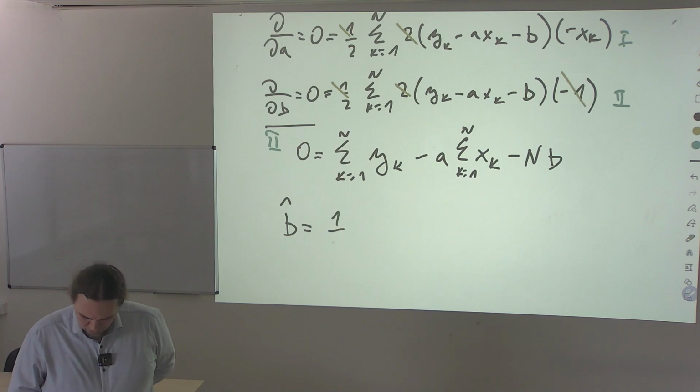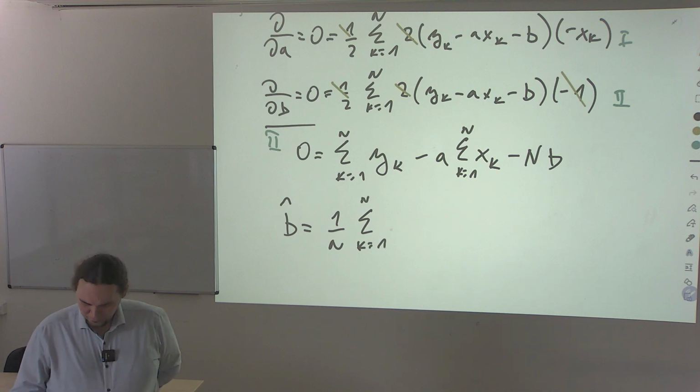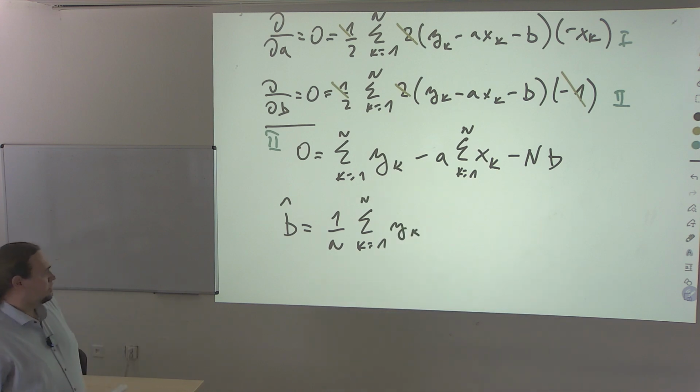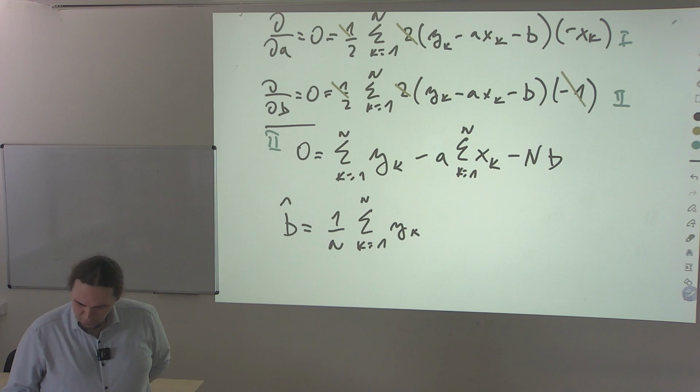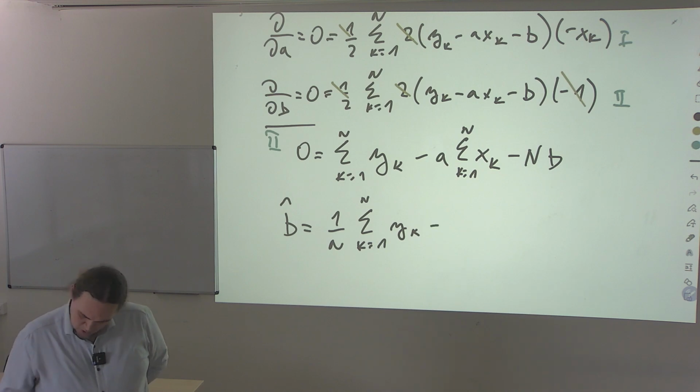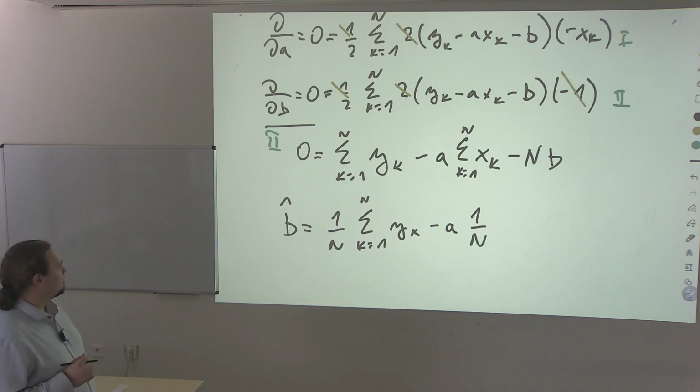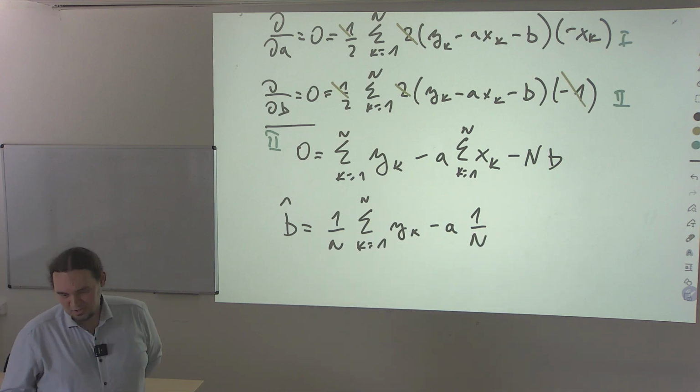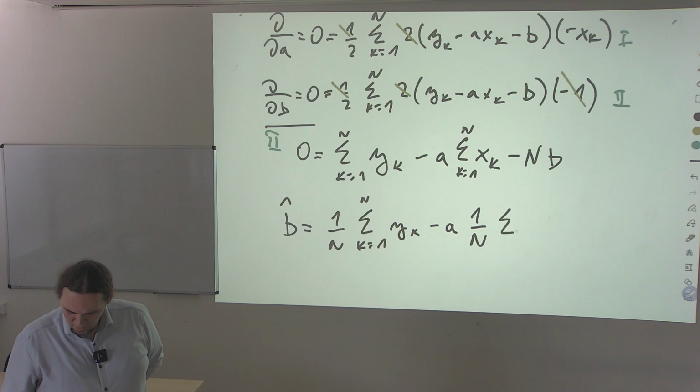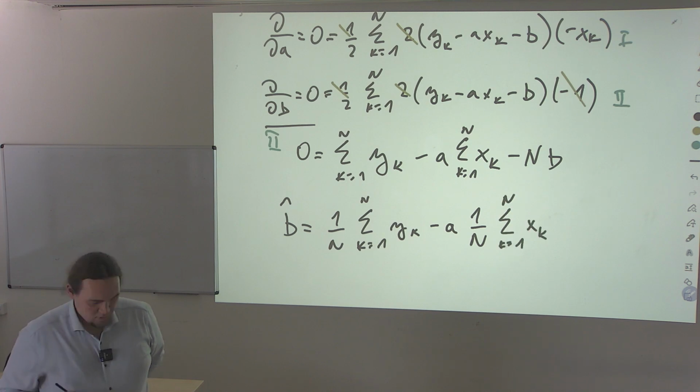So we get 1 over n with the first sum. And then we get minus a times 1 over n, I don't put them together, just you will see in a second why, of xk.